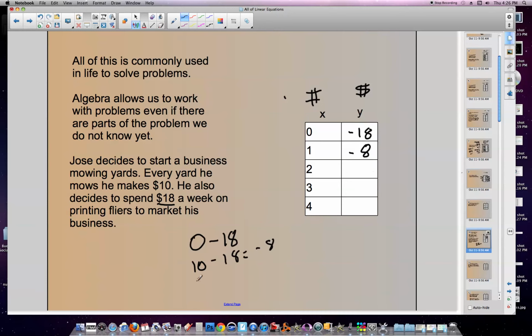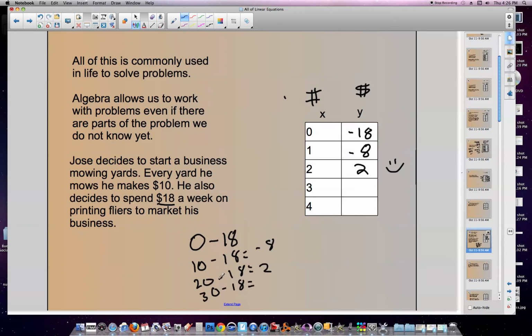But what if he mows 2 yards? Well, if he mows 2 yards and he gets $10 for each yard, then that's $20. And he spent 18. So he winds up making a profit of $2. Yay, that's a profit. He made money. Well, what about 3 yards? If he mowed 3 yards, $10 for each yard, that's going to be 30 minus 18.